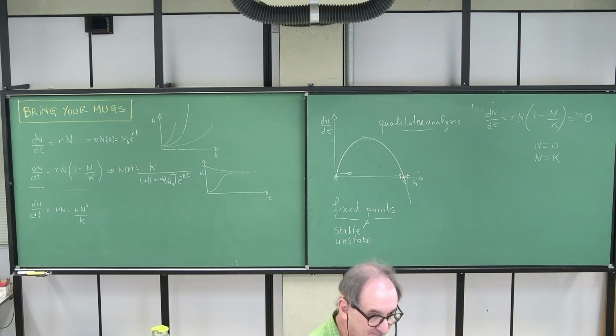I don't know if this question has any sense, but what if instead of 2 fixed points we had 4? Does it have any biological sense? Yes, and we will discuss it in the next minutes.